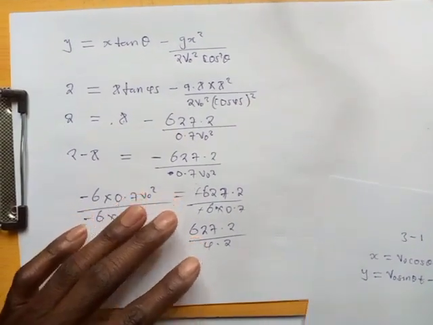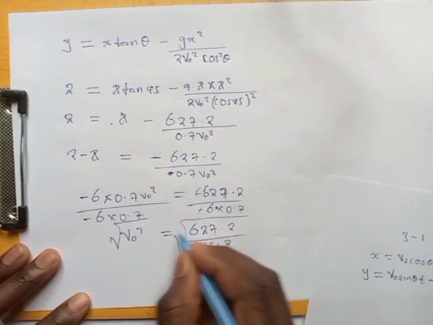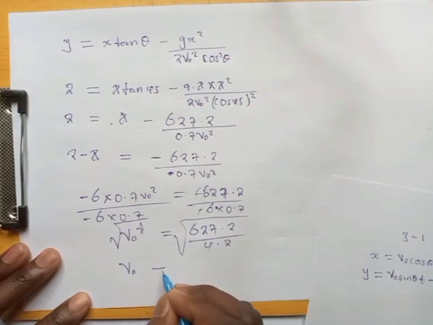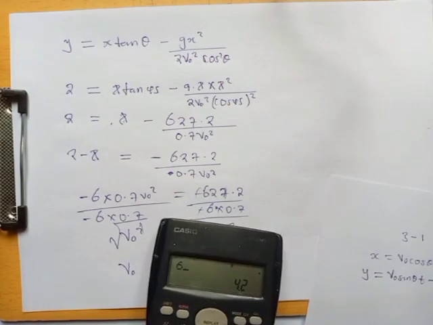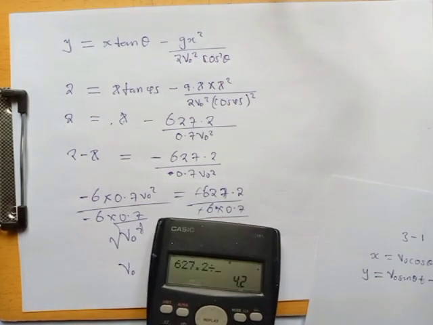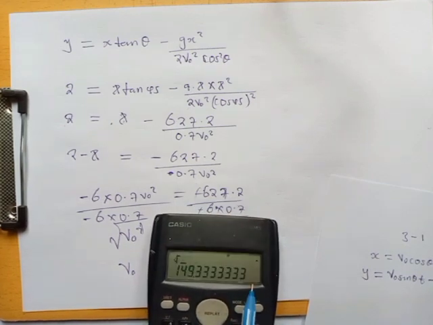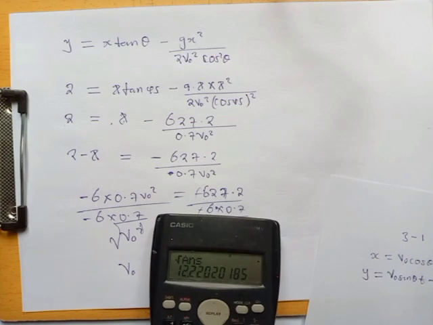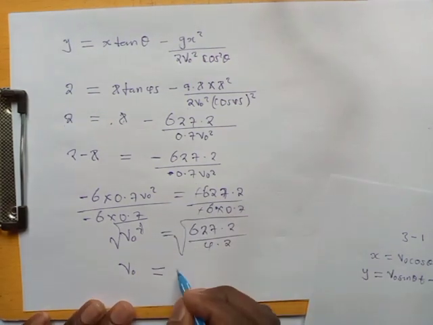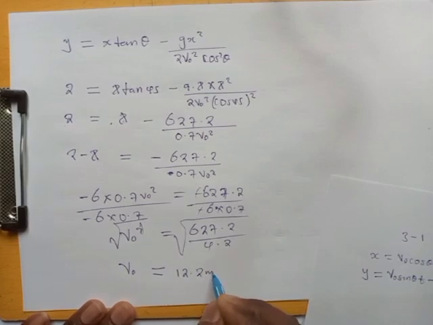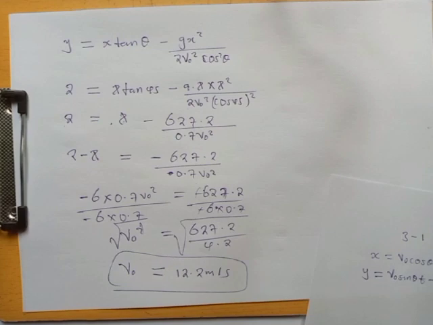Now if we continue, we take the square root on both sides, meaning that v initial has to be equal to the square root of 627.2 divided by 4.2. I'm getting that, then I take the root of the answer, and the answer gives us 12.2 meters per second. This becomes the correct answer which these people are looking for.